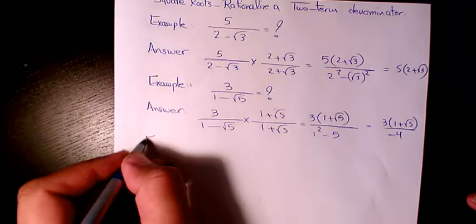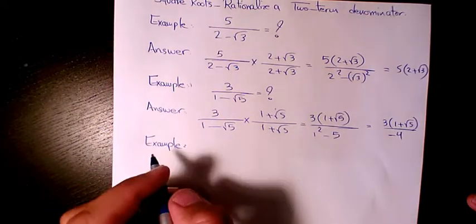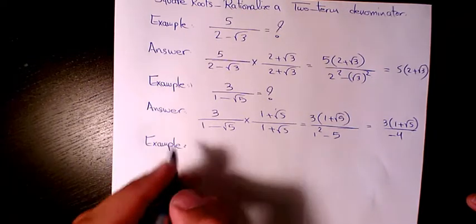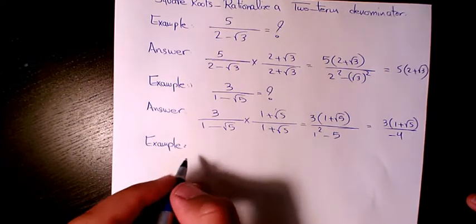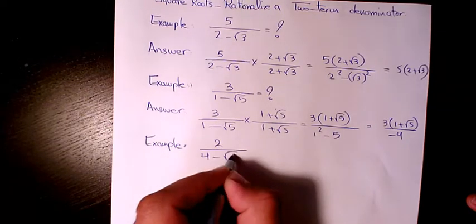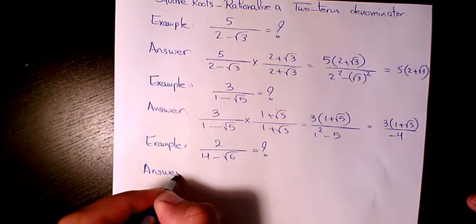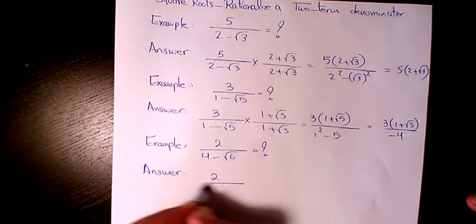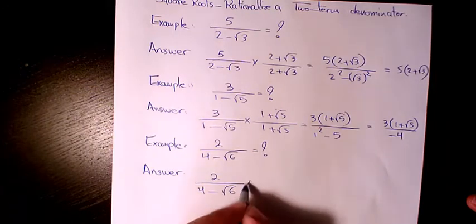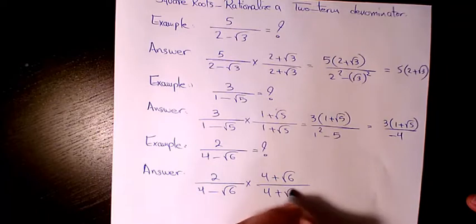Next example. I have 2 over 4 minus root 6. The answer is 2 over 4 minus root 6 times 4 plus root 6 divided by 4 plus root 6.